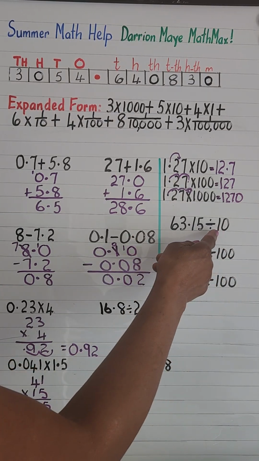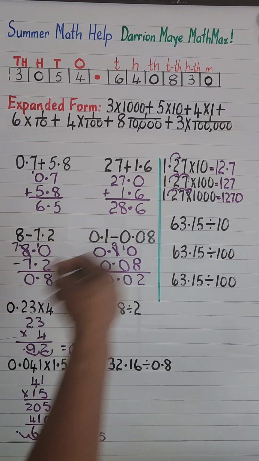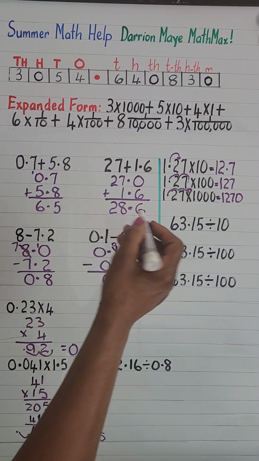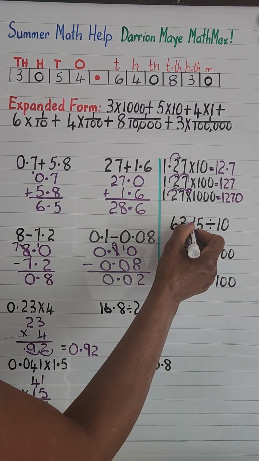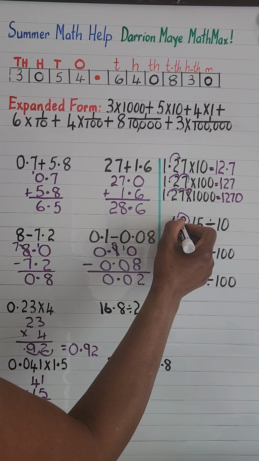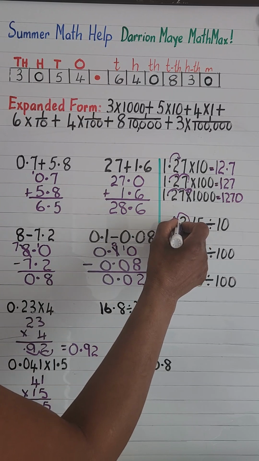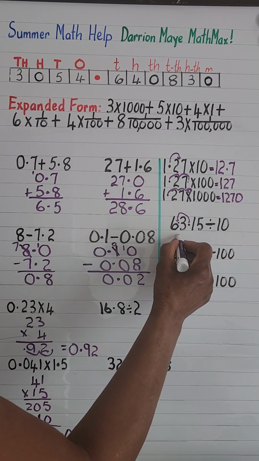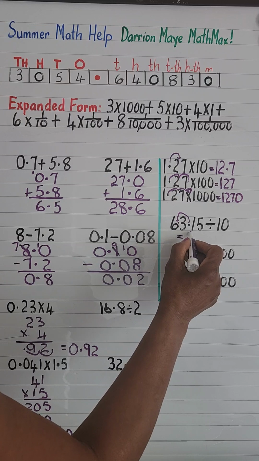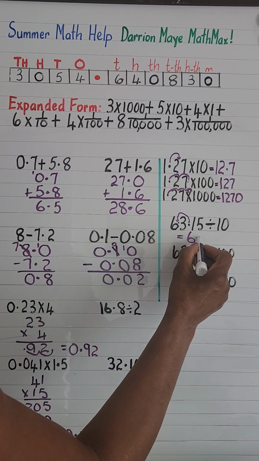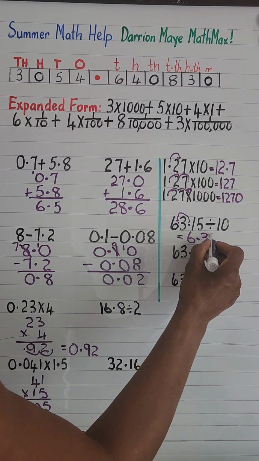So we're going to move the decimal point this time to the left. So it's 1 place to the left. So it's now between the 6 and the 3. So that is equal to 6.315.